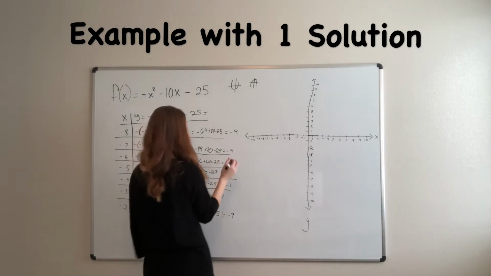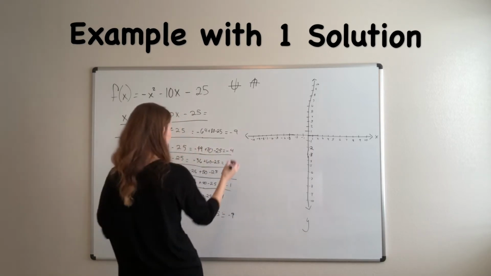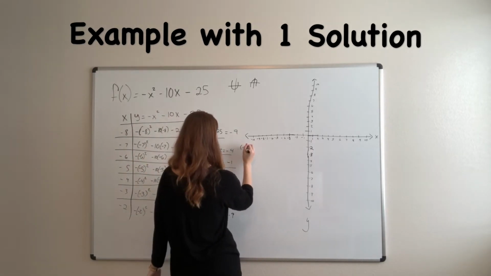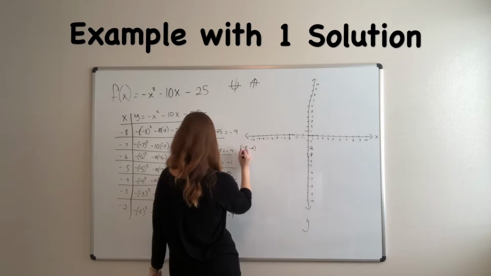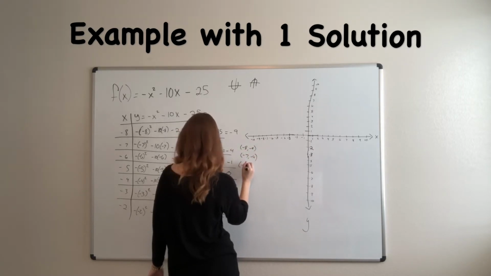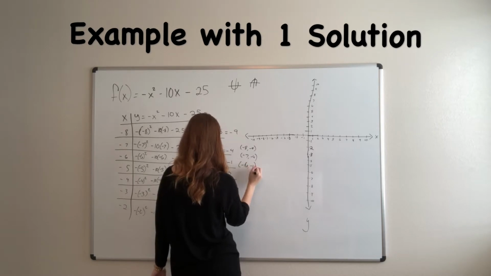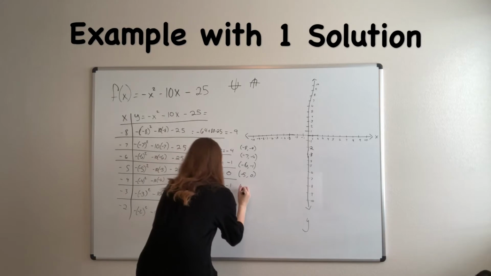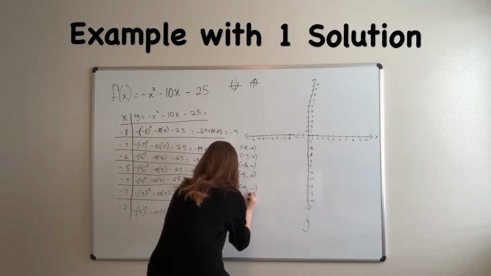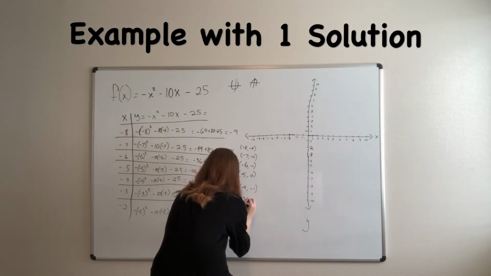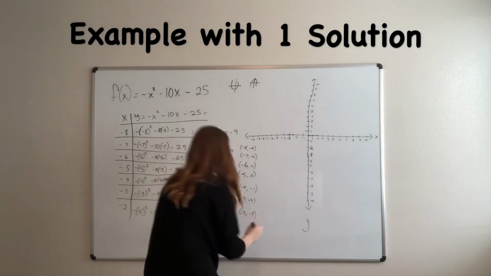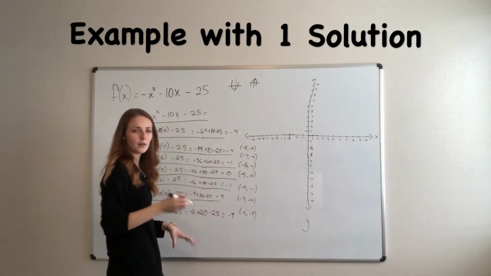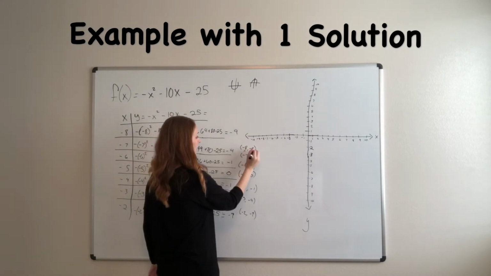Okay, so once again, our points we're going to be graphing are (-8, -9), (-7, -4), (-6, -1), (-5, 0), (-4, -1), (-3, -4), and lastly (-2, -9). Once again, keep in mind, anytime we're graphing a coordinate, it's read as xy.